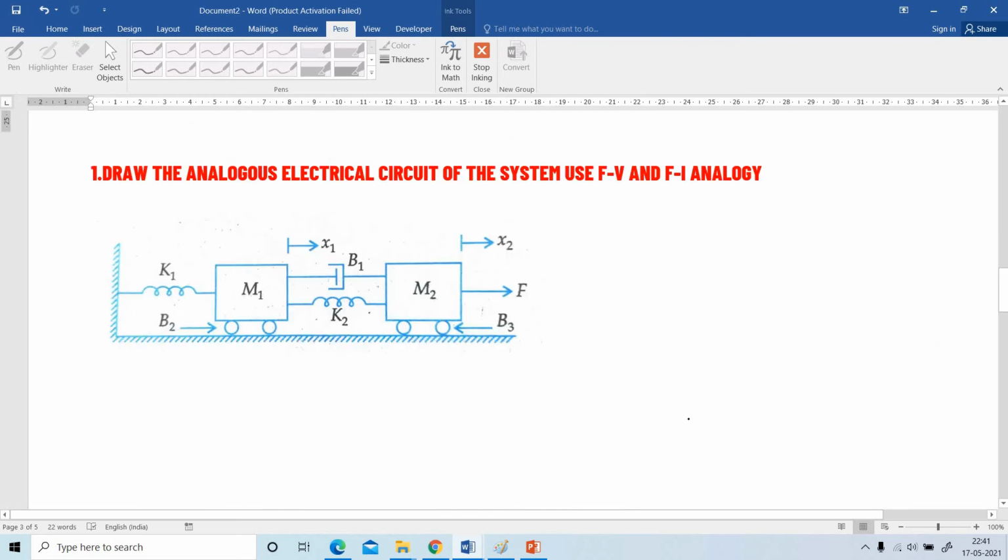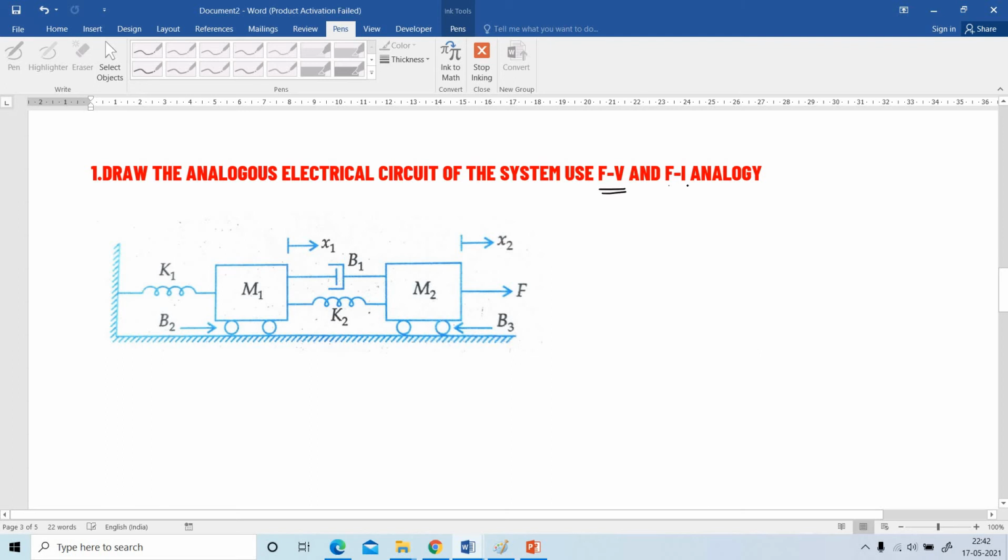Next I am going to explain how to draw the analogous electric circuit using force voltage and force current analogy. Here the given system is a mechanical translational system. So first of all, I am going to write the equation for voltage and current.